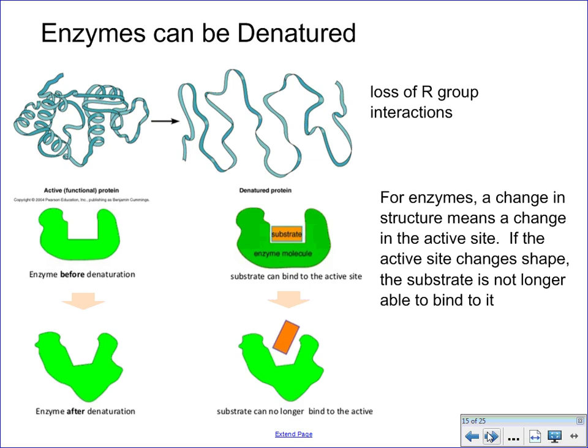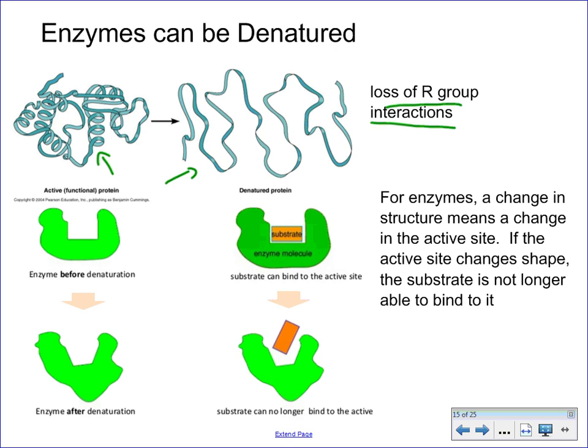In this last slide, just very quickly, this relates to the denaturation of proteins that was discussed in 2.4. But enzymes, because they are proteins, can be denatured as well. With that denaturation, we have a loss of R group interactions. So if this is our active protein, which is functional, it can lose its structure.